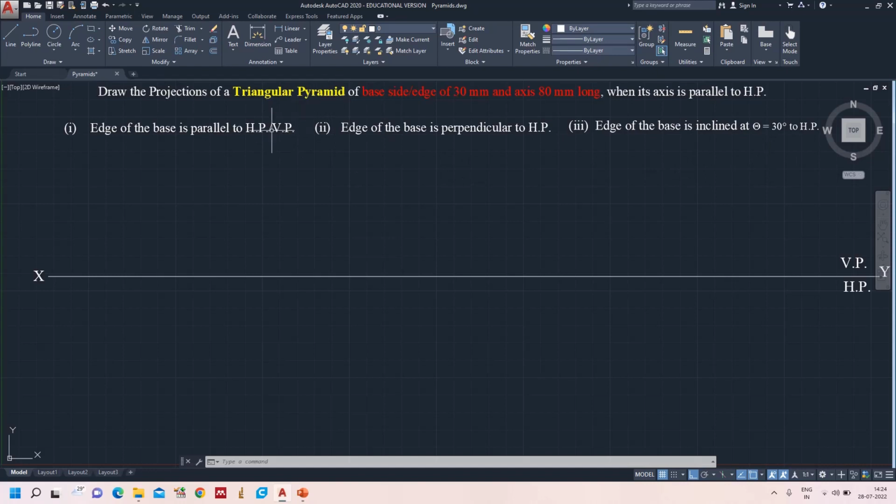A triangular pyramid base is parallel to HP and VP, and the edge of the base is perpendicular to HP, and the third case is when the edge of the triangular pyramid is inclined at 30 degrees to HP. So before seeing these three conditions, let us first have a look at it when its axis is parallel to HP.